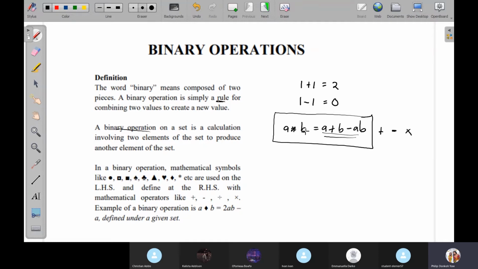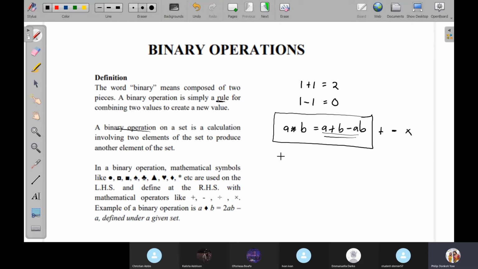I'm combining only 2 elements, which are A and B, using the binary operational sign star. So we say star is defined by the rule A plus B minus AB. Remember that for every binary operation, there's a rule that defines the operation, but you are combining 2 elements at a time using that operation.